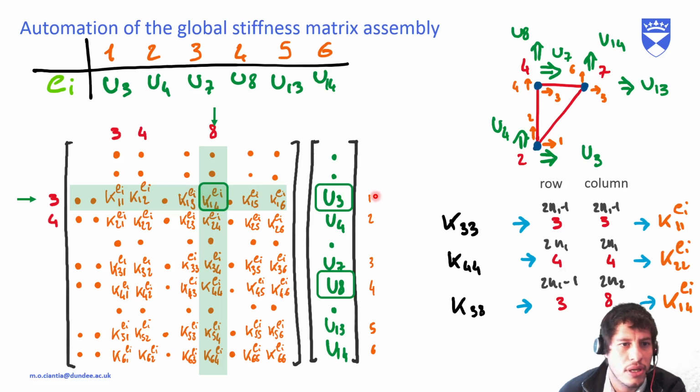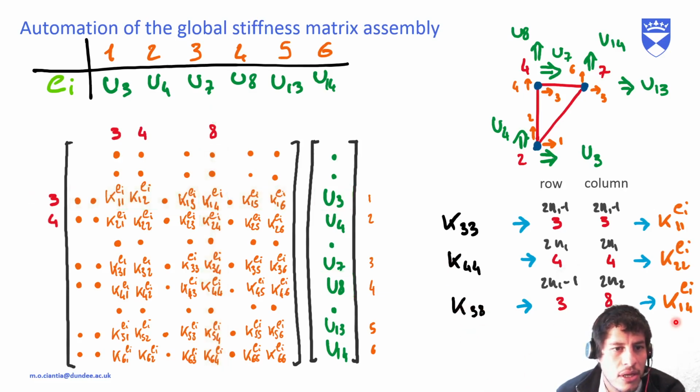So K is K14. We see it here. And it's going to be in this position. Okay, so we immediately see that the subscript of K is telling us where the terms are going. Okay, so we have the row is row 3 and column is column 8. Okay, and then it's U3 and U8.